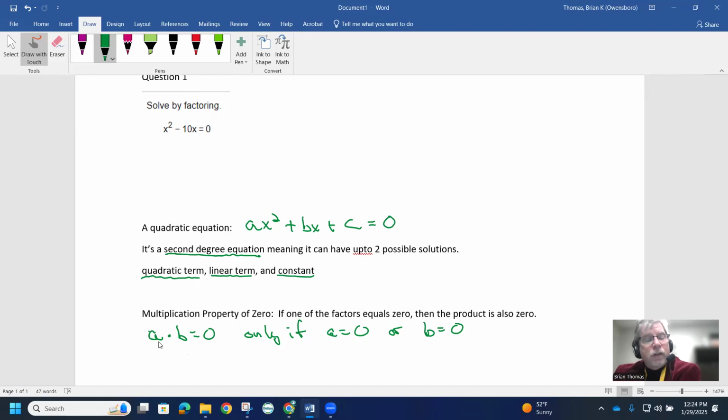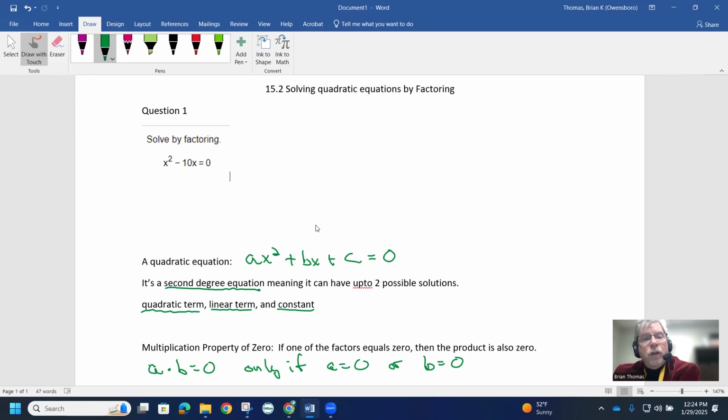So if I have the statement A times B is equal to 0, where A represents a factor and B represents a factor, because factors are connected by multiplication, this can only be true if A is equal to 0 or B is equal to 0.